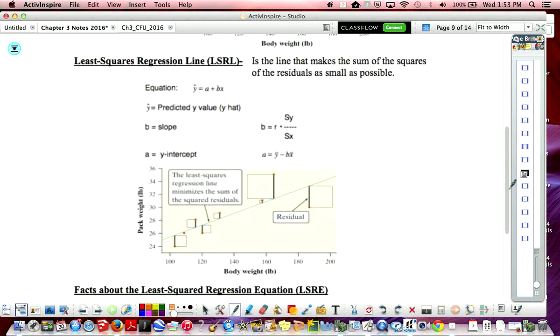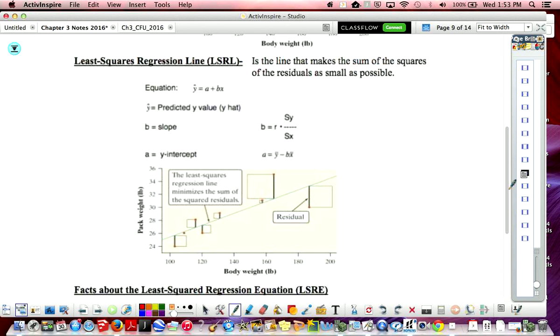The reason why it's called least squared regression line, I will actually go into in a few minutes after I talk about residuals. Okay? But it's basically your line of best fit. There's an actual mathematical reason why it's the best.